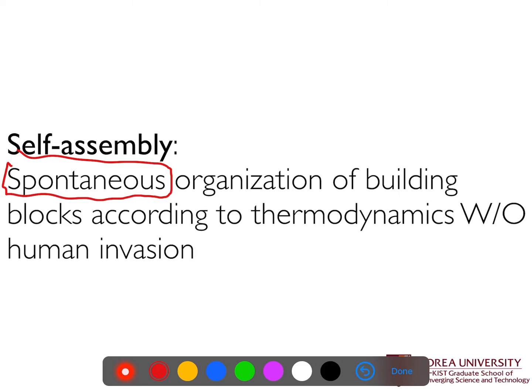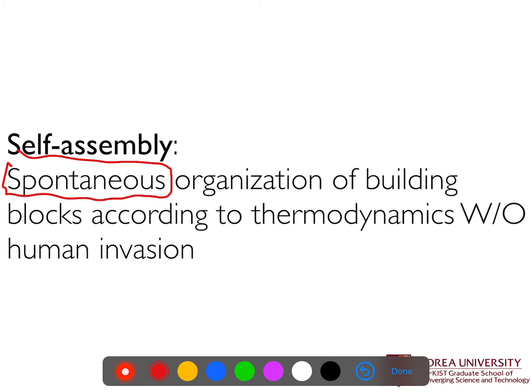Assembly means that the building blocks are initially randomly dispersed in a specific medium, or they can be initially randomly dispersed onto a solid-state substrate. Doesn't matter. What I want to say is that the initial stage is generally randomly dispersed building blocks, right?